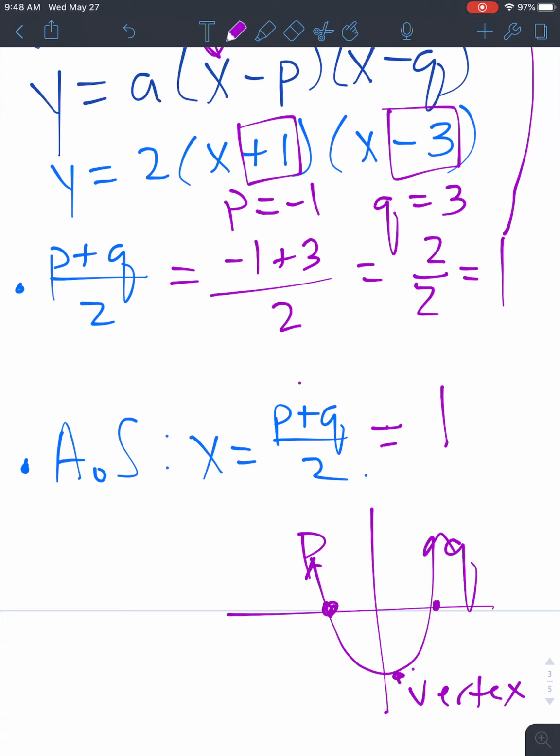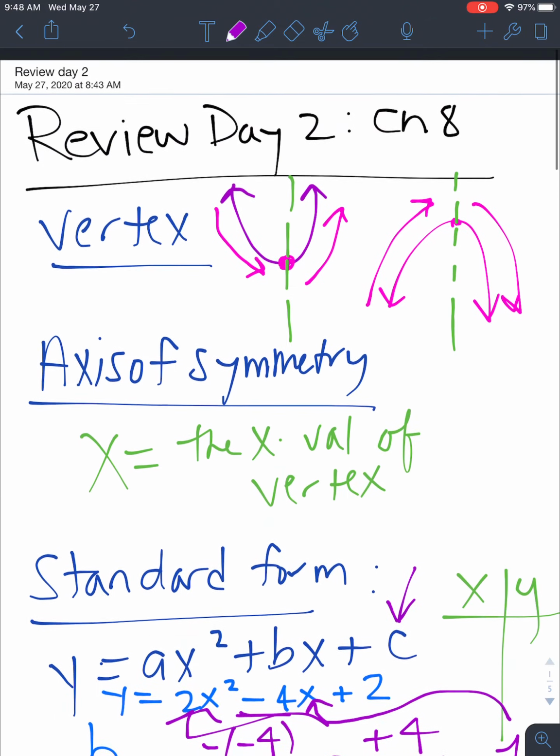All right, and this is not necessarily perfect in terms of making sure this is exact. However, I do think that this is at least good enough to show you the basics from chapter 8.